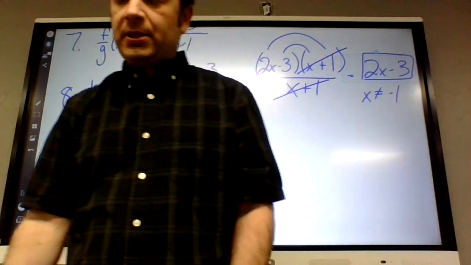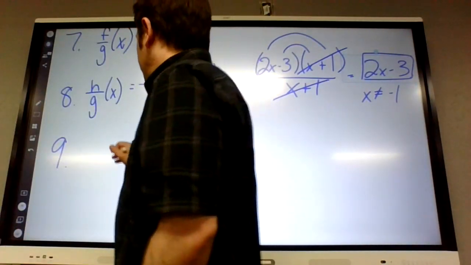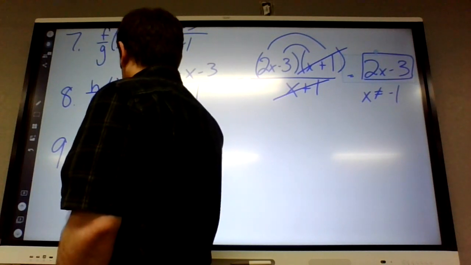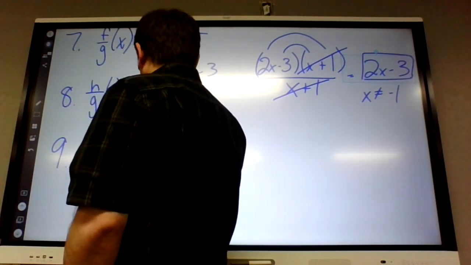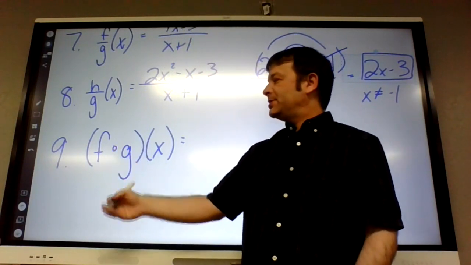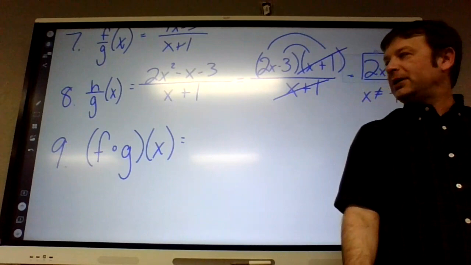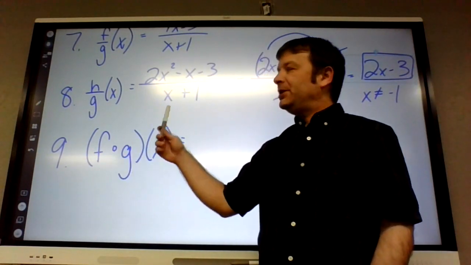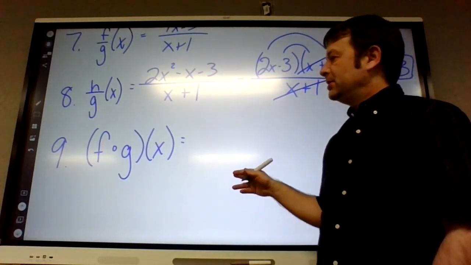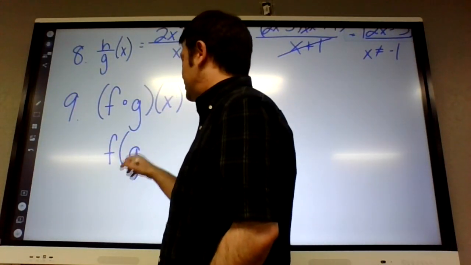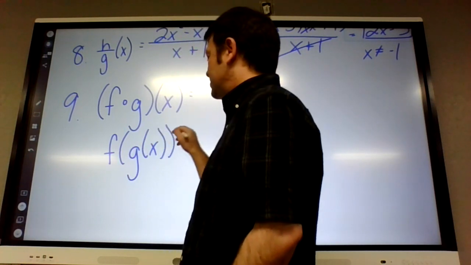Number 9. Okay, number 9 is new. It's not just adding and subtracting and stuff. That's not an O or a 0 or anything, that's just a little tiny circle. So the way you would read this is f of g of x. Another way it is sometimes written is this, f of g of x.